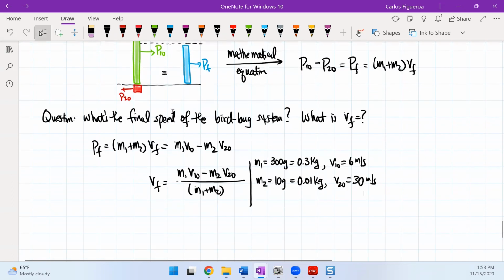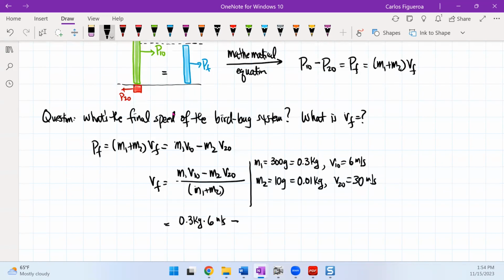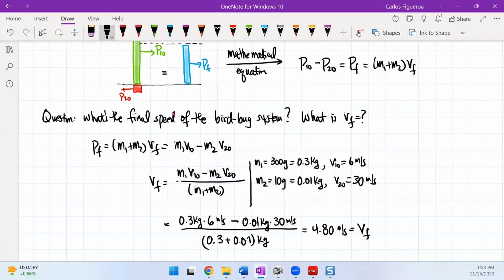If I plug in my numbers, I get 0.3 kilograms times 6 meters per second minus 0.01 kilograms times 30 meters per second, divided by the sum of these two masses. When we compute this, we get 4.80 meters per second for the final speed of the bird plus the bug.